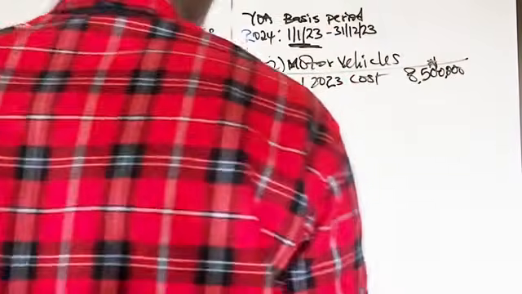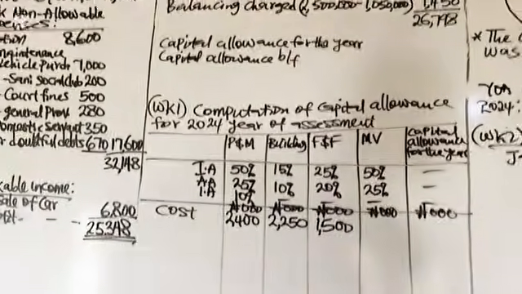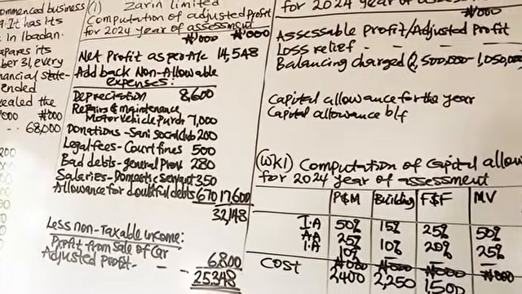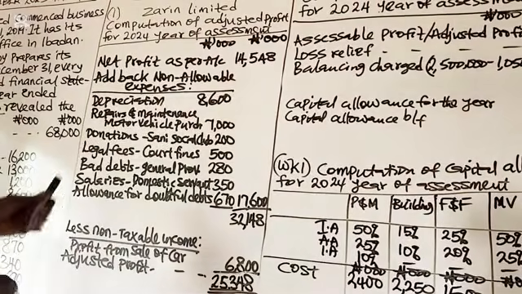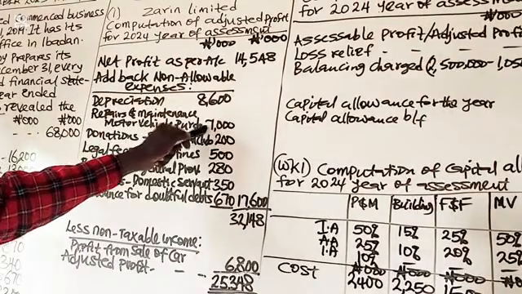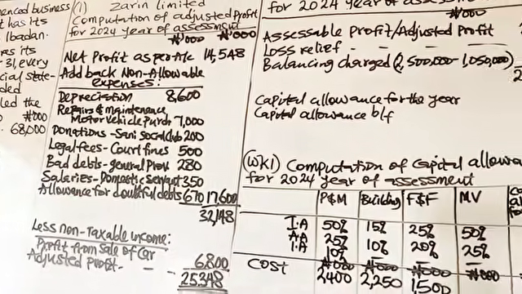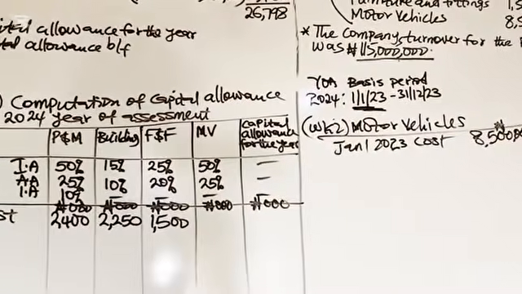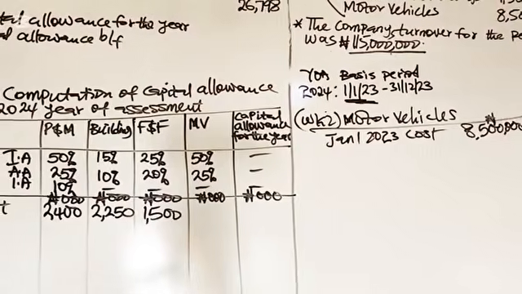Remember, we have capital expenditure on motor vehicle, which was treated as non-allowable expenses. We have repairs and maintenance, motor vehicle purchase, 7 million. That is a capital expenditure, that is why it was disallowed. Since it was disallowed, it will be treated as part of qualified capital expenditure since it was just acquired during the year.